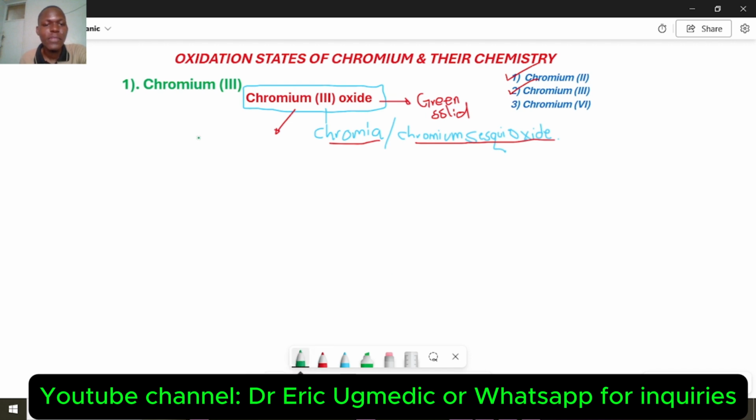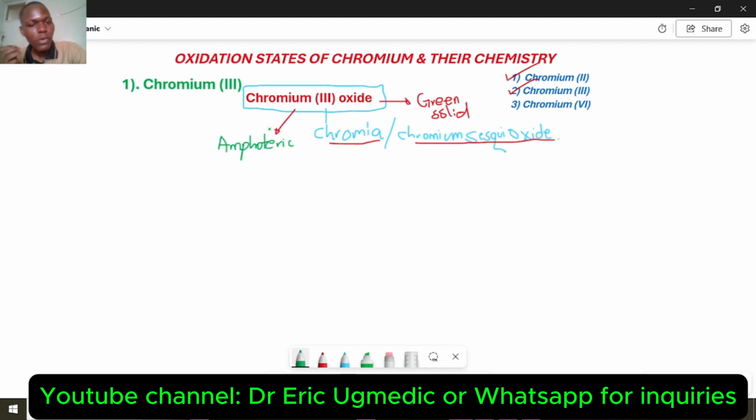So these are some of the notes you may need to take note of about chromium 3 oxide. Amphoteric means that we shall see it reacting with bases as well as acids.